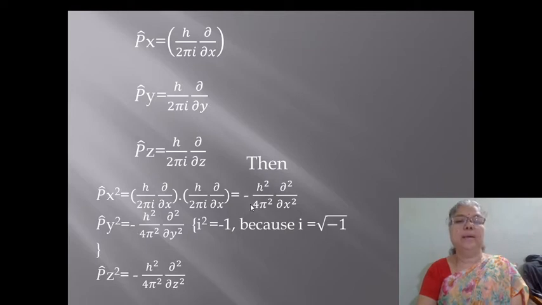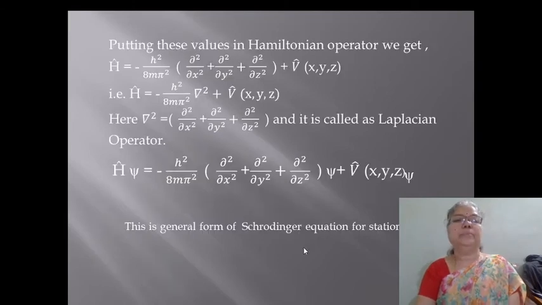Here the minus sign comes from i squared equals minus 1, because i equals the square root of minus 1. Remember.